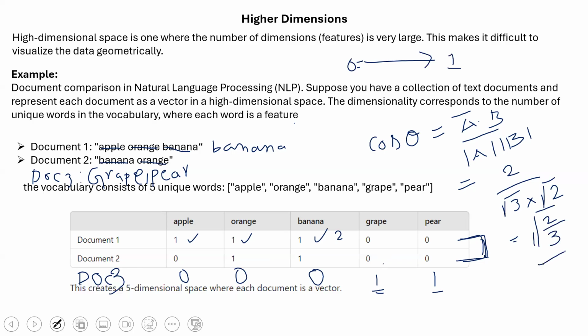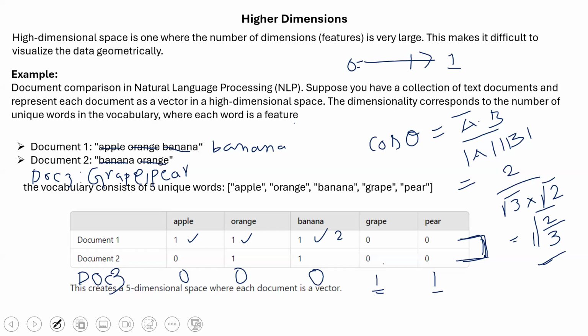So it is falling somewhere between. What would be the value of it? 0.86, right? So what does that say? It is close to 1. So those two documents are similar is what you can say, right?